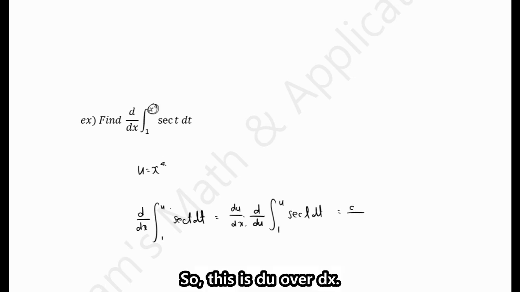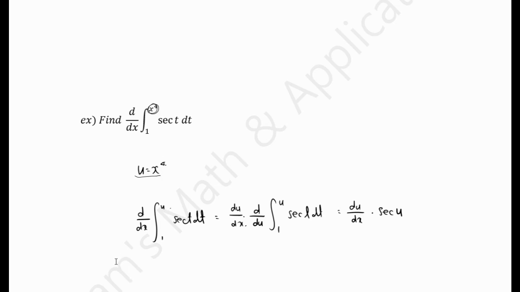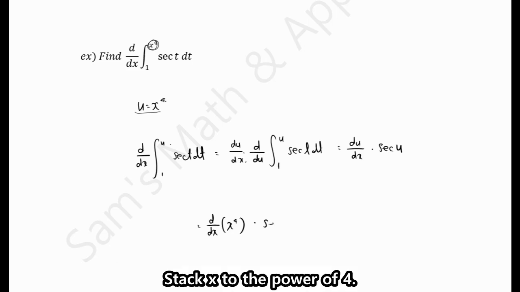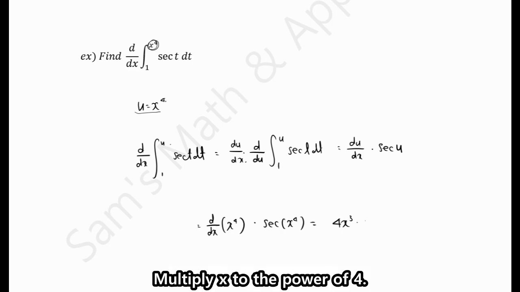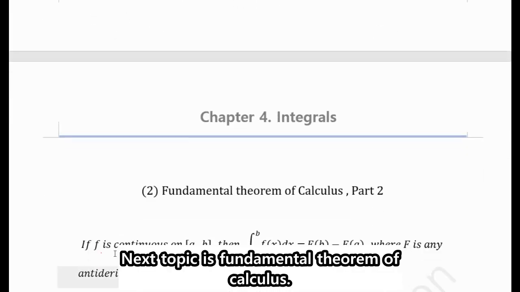This is sec u. Since u is x to the power of 4, it is sec of x to the power of 4 times 4x cubed. So this is 4x cubed times sec of x to the power of 4. This is the answer.